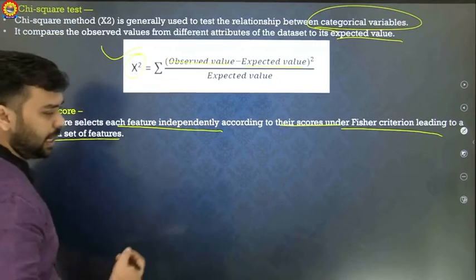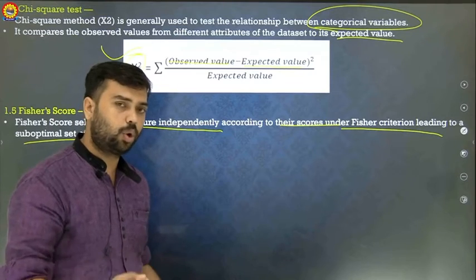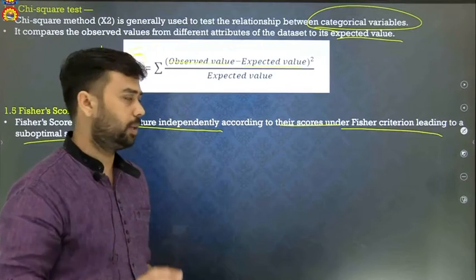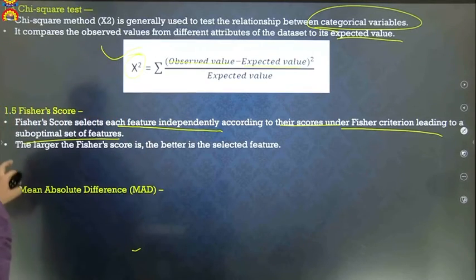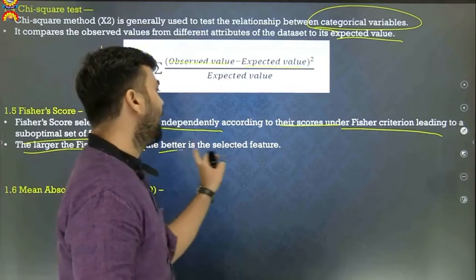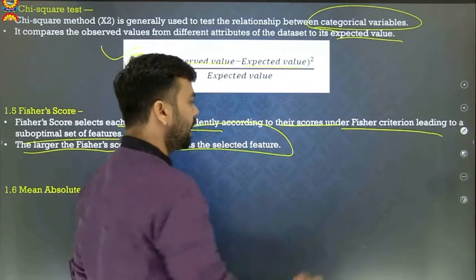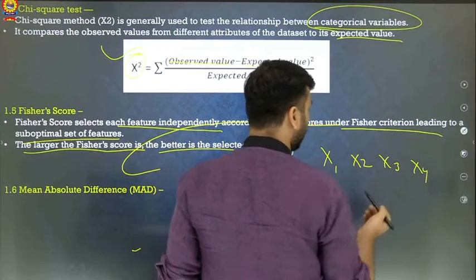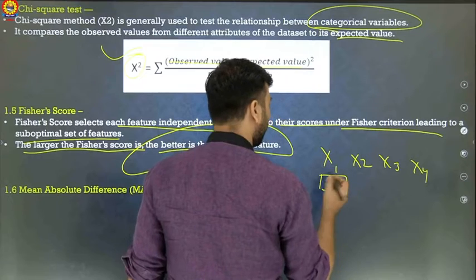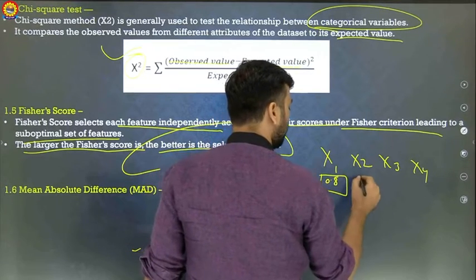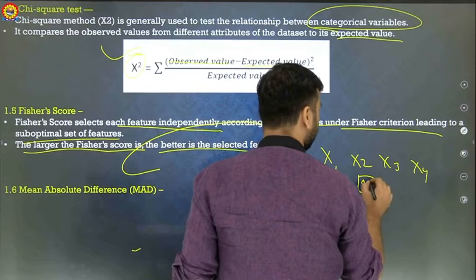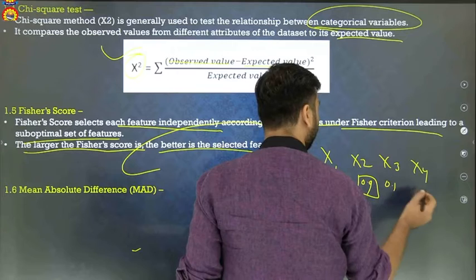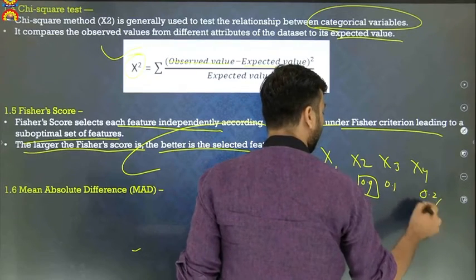So in this we compute a feature score, and on the basis of this score we can identify which feature is important and which is not important. The larger the feature score, the better the selected feature. So suppose there are feature 1, feature 2, feature 3, feature 4. Okay, and we have scores like this. Its score is, for example, 0.8. Its score is around, suppose, 0.9, and it scores around, suppose, 0.1, and it scores about 0.2.